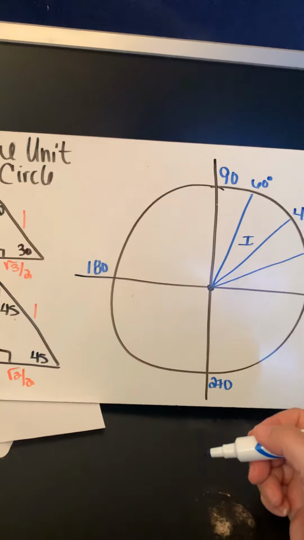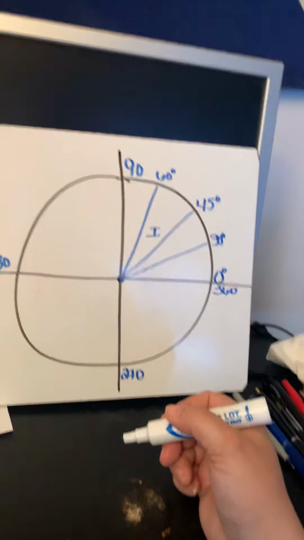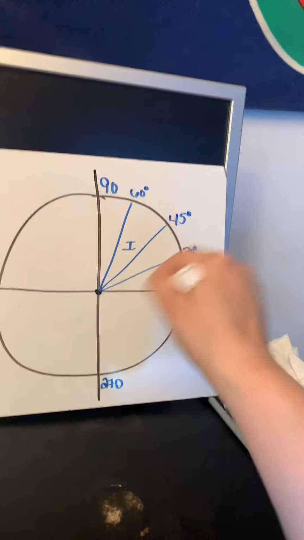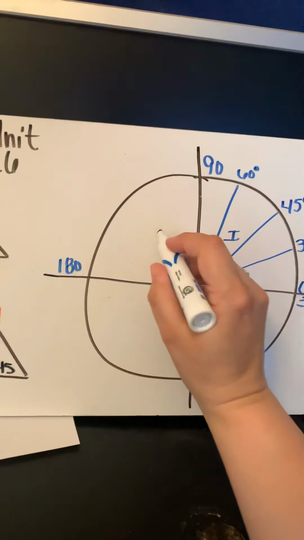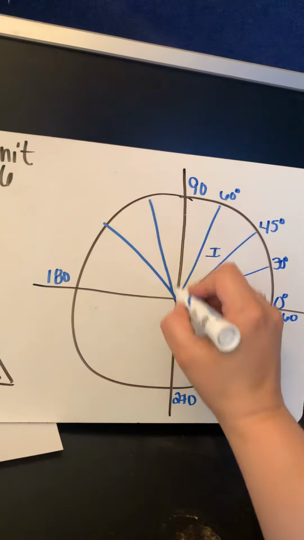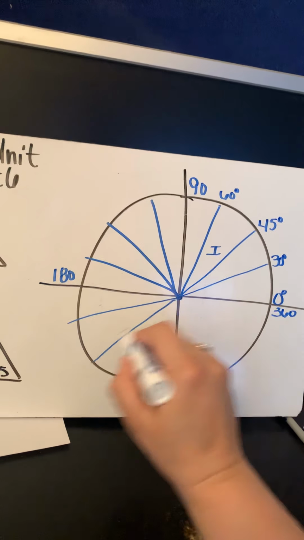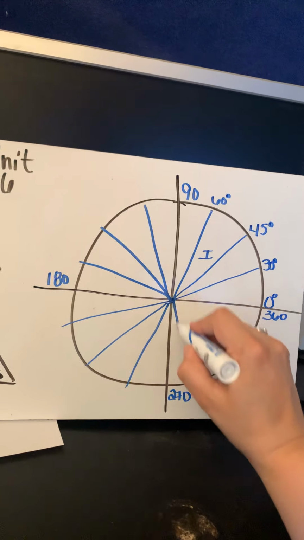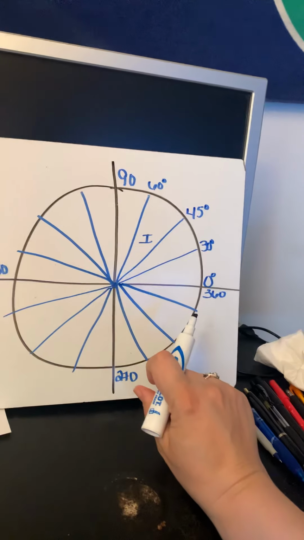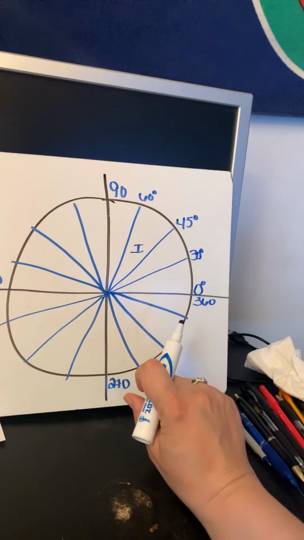Not drawn to scale. It doesn't need to be drawn to scale. Those are the three angles within that quadrant. Each quadrant has three angles coming down, of 30, 60, 45 degree coterminal angles.